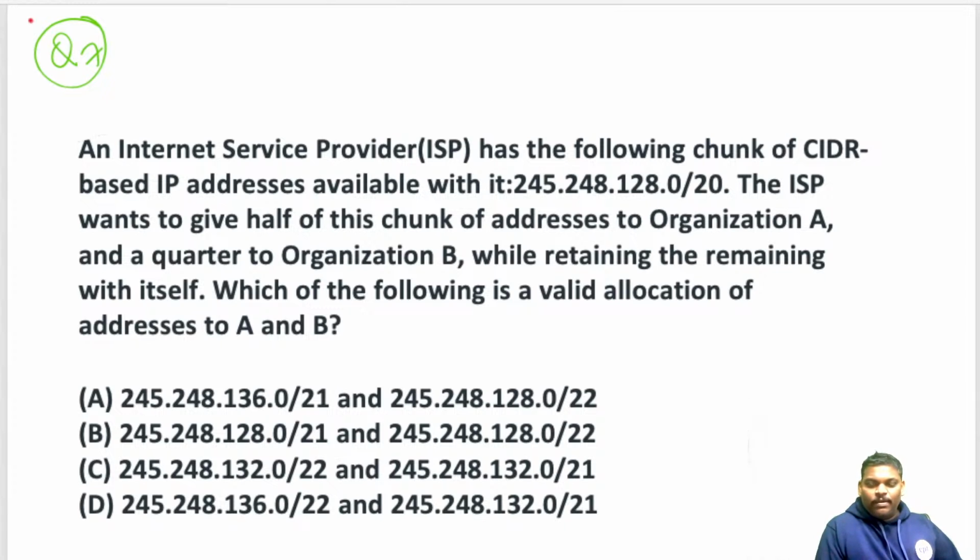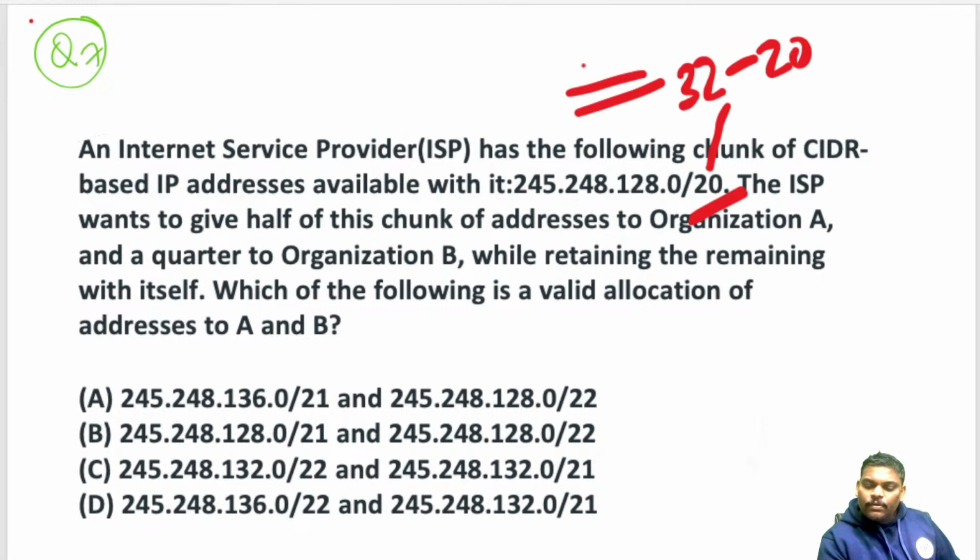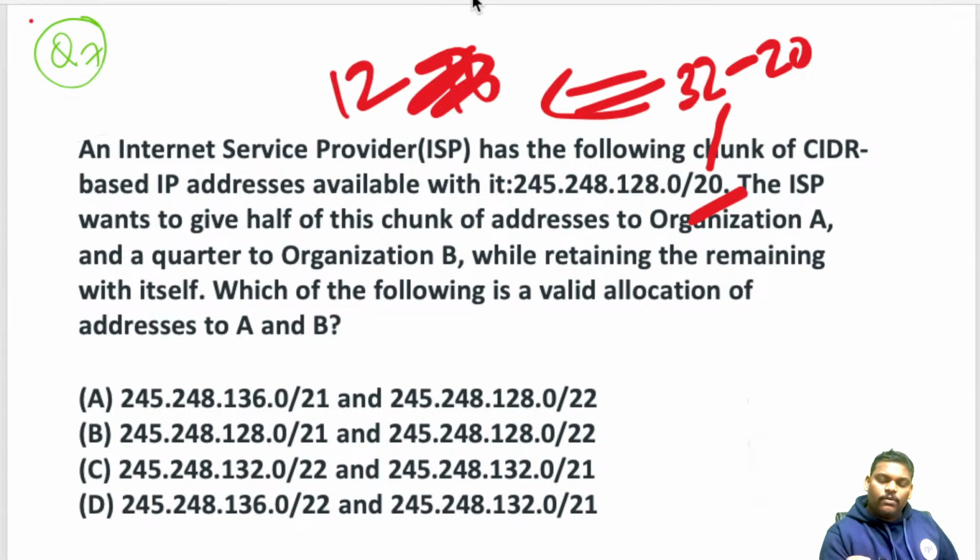Right. Now come here. See this, everyone. The mask is 20. So 32 minus 20 is 12 bits for host.